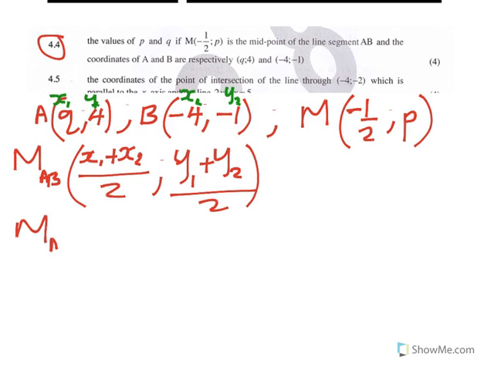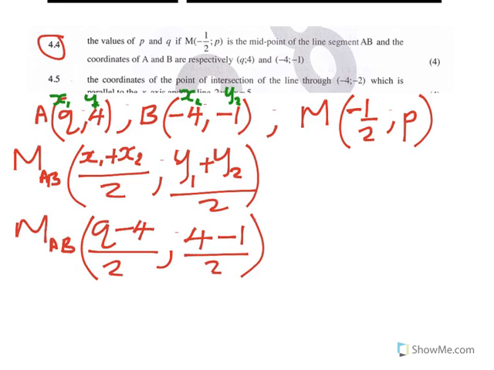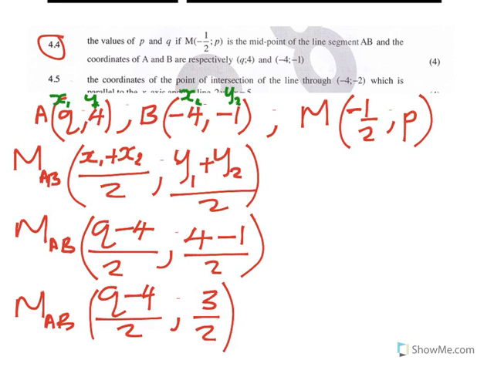So the midpoint of AB is, my x1 is Q plus minus 4, which is same as Q minus 4 over 2, and then my y1 is 4 minus 1 over 2. Now midpoint of AB, to summarize then, will be (Q minus 4 over 2, 3 over 2). But I'll make it in this version like this.